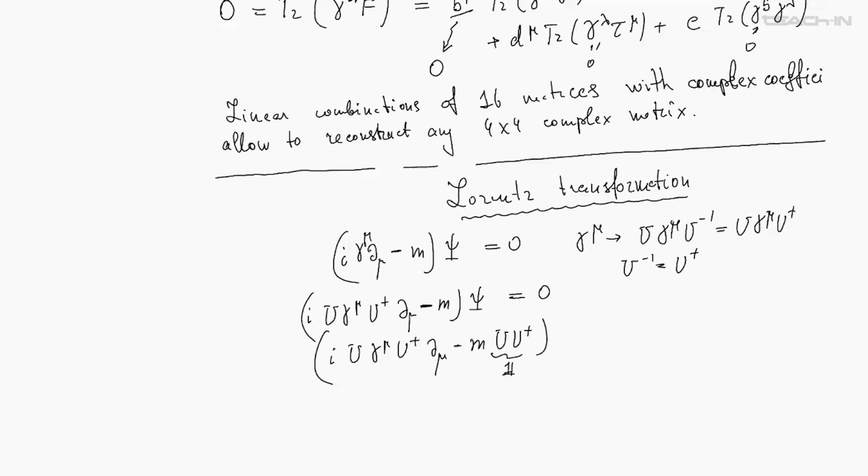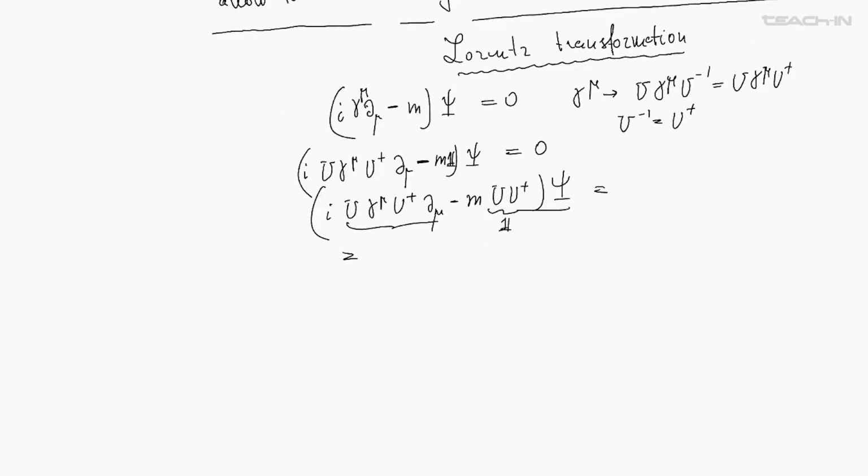And then you take this equation and multiply it from the left by U minus 1. So U then cancelled on the left-hand side. And this U dagger and this one, you put close to psi. So your equation now, after this manipulation, will look like i gamma mu d mu minus m multiplied with identity matrix, acting on U dagger psi is equal to 0.